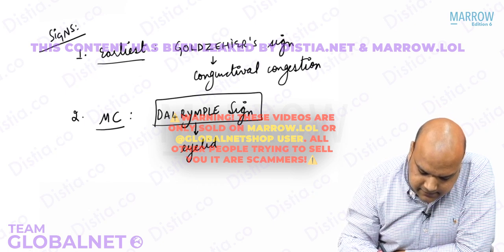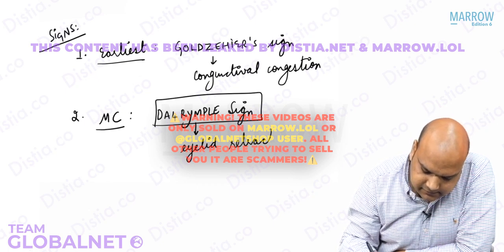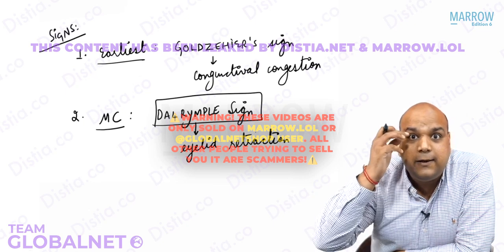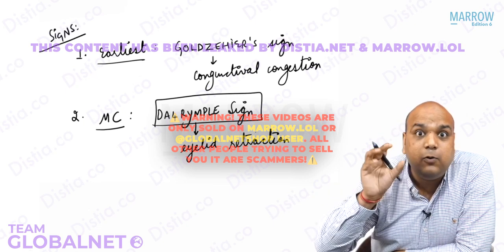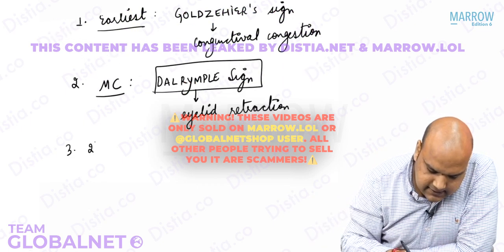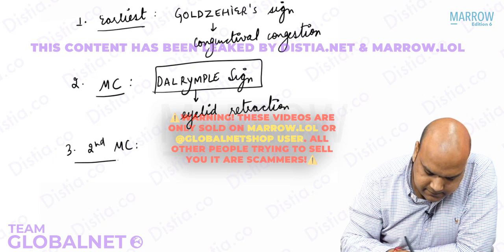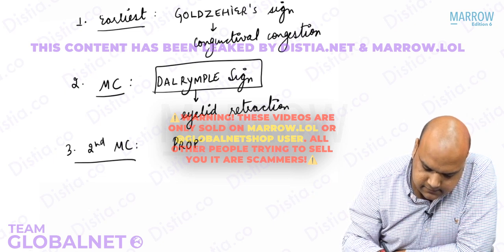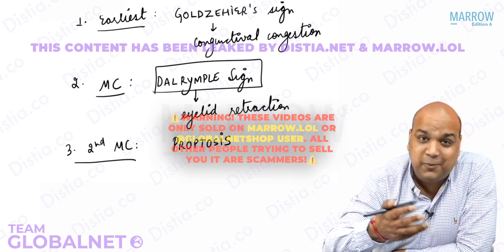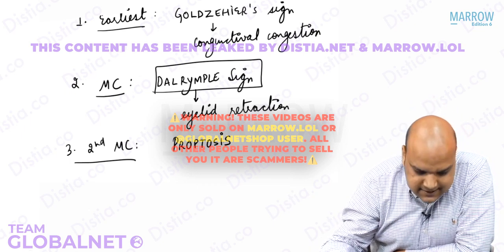Upper eyelid retraction. Due to sympathetic overstimulation, there is upper eyelid retraction. The upper eyelid will go up. Dalrymple sign. Then the second most common sign is proptosis, the topic that we are discussing in orbit here, everybody. Yes?